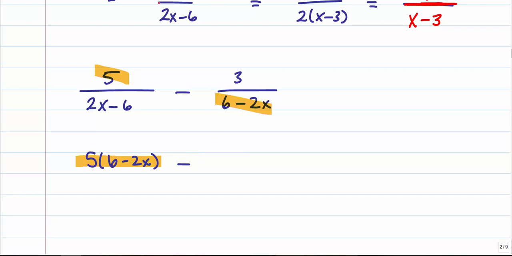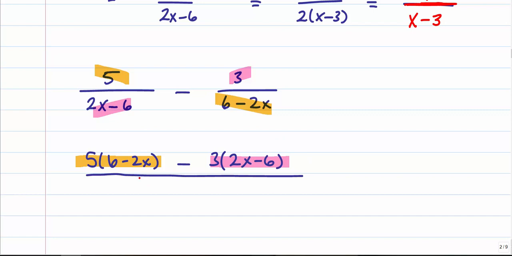Minus, right, because there's my minus sign right there, just bringing that down. Then let's do these two multiplied together. So 3 times 2x minus 6 all over, but now I have to multiply these together. 2x minus 6 times 6 minus 2x. And that's where this becomes, you know, a little strange.